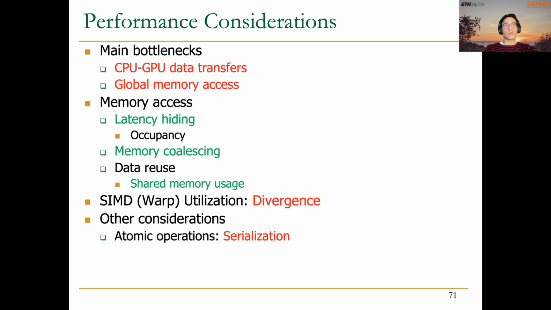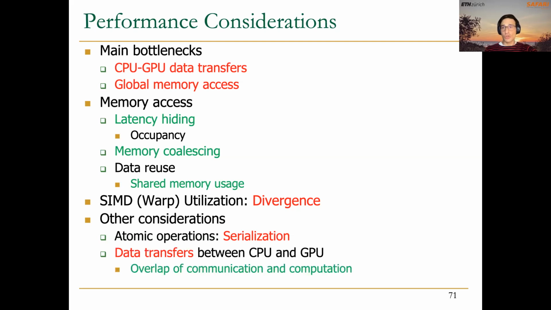We will soon talk about the histogram calculation, and we will see ways to optimize the use of atomic operations as well. And finally, we have introduced the asynchronous transfers, CUDA streams, as a way of overlapping communication and computation in the GPU.